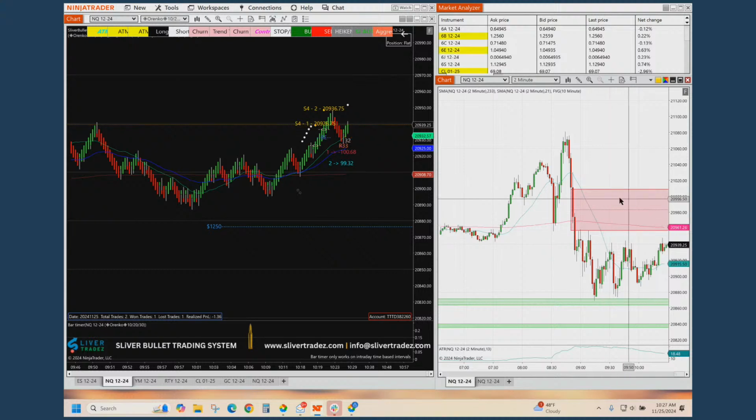And there is a big FVG here. The market should get pulled into this FVG, the fair value gap. But whether it will happen or won't happen, that's where the confusion arises.